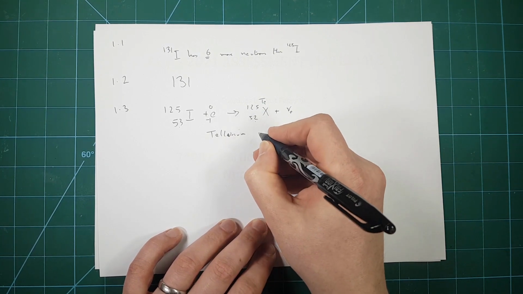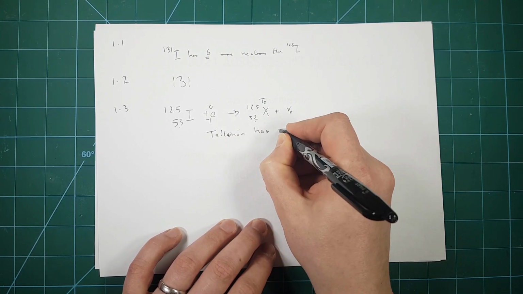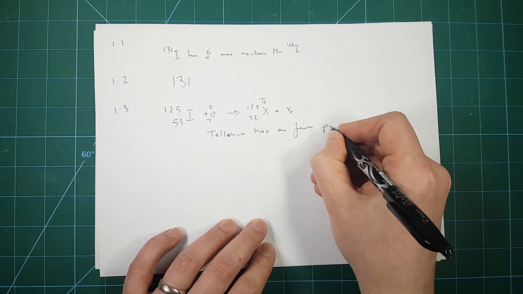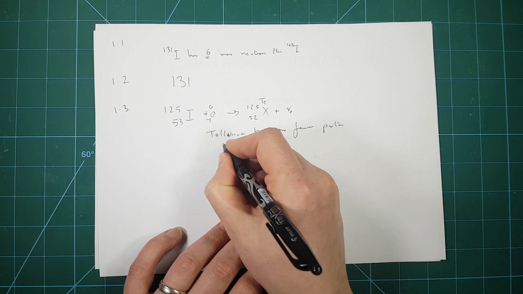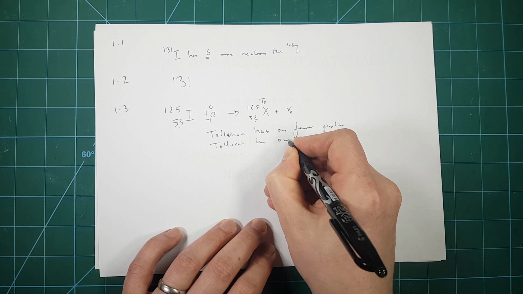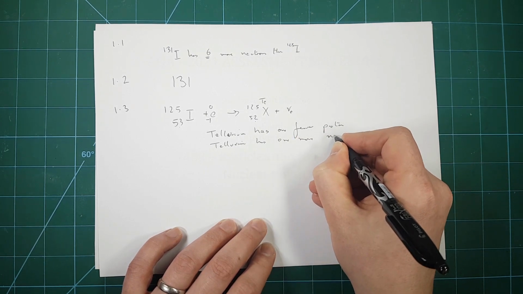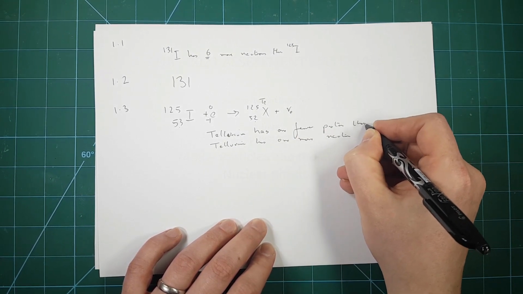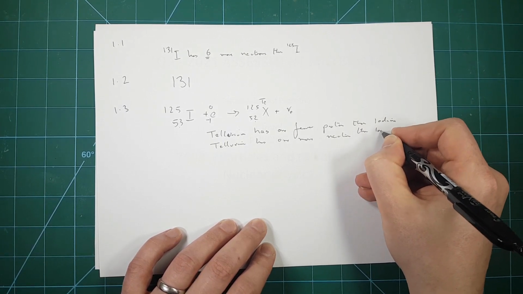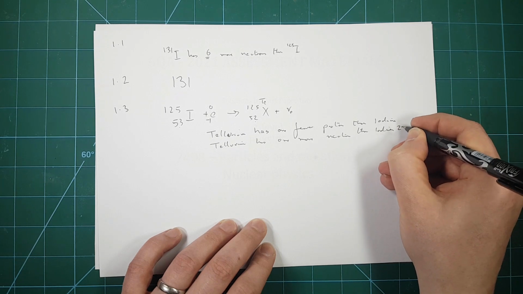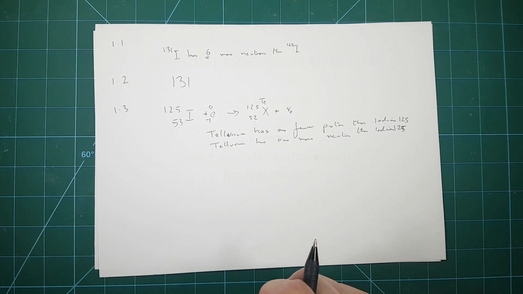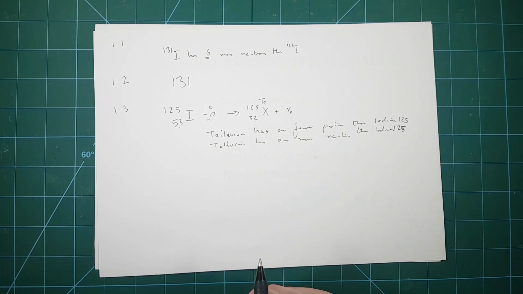So tellurium has 1 fewer proton, tellurium has 1 more neutron, and then we want to put than iodine 125. So that was question 1.